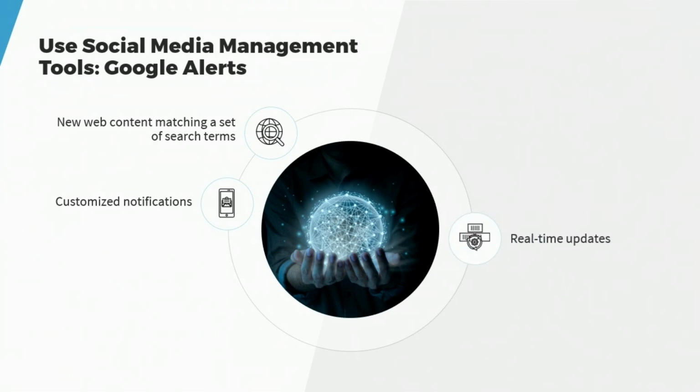It can also help with real-time updates. Basically, that means receiving real-time updates and alerts about the latest news, articles, and blog posts related to AI automation for timely insights and analysis. And lastly, accessing a wide range of online sources and publications through Google Alerts can help you stay informed about diverse perspectives and viewpoints on AI automation topics.